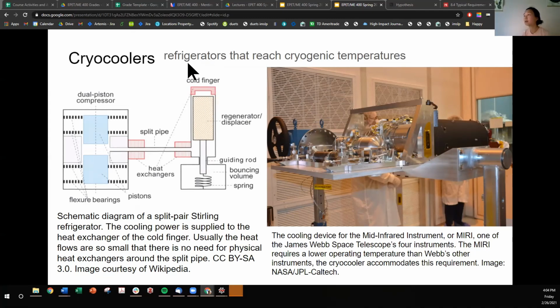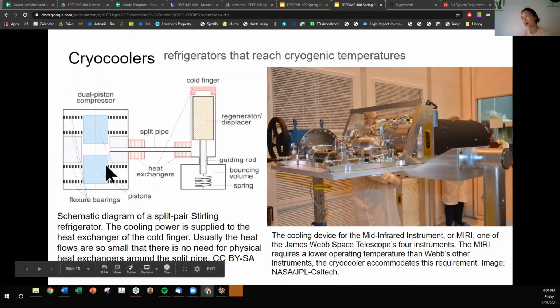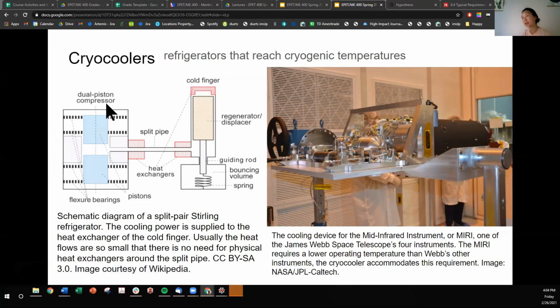You're concentrating all of your heat rejection. You're trying to take as much heat, displacing it away from this focused area. So you're circulating this cryogenic fluid, rejecting as much as you can away from this area, and there's going to be some kind of heat sink and heat transfer away from that cold finger.